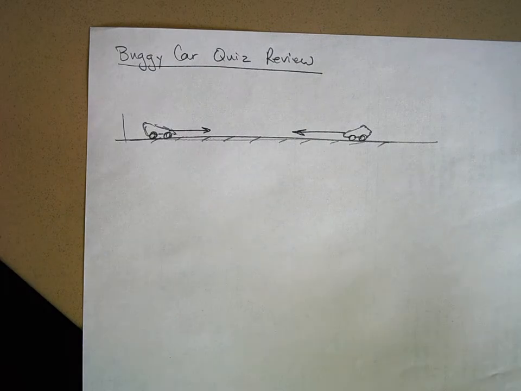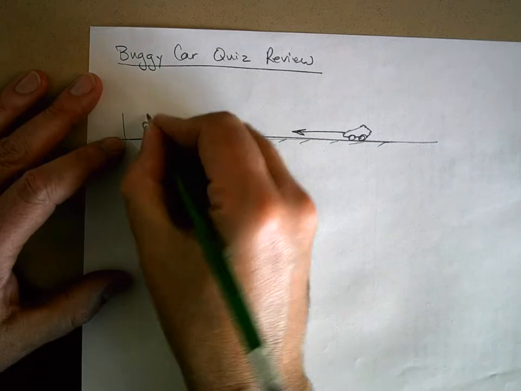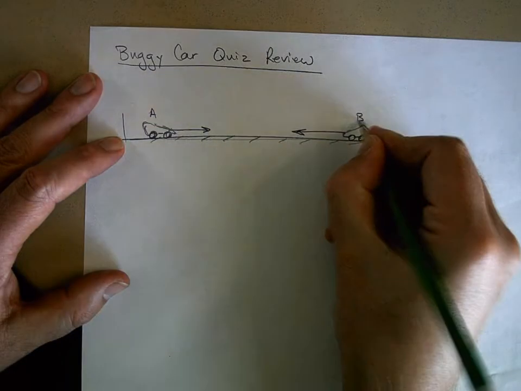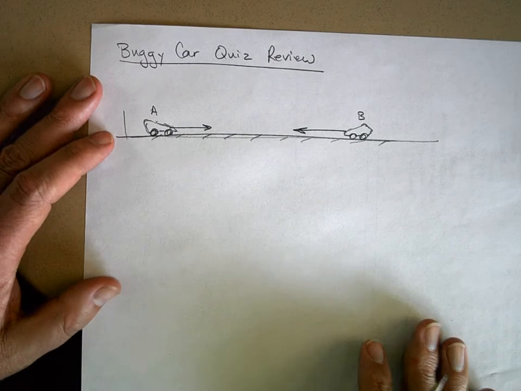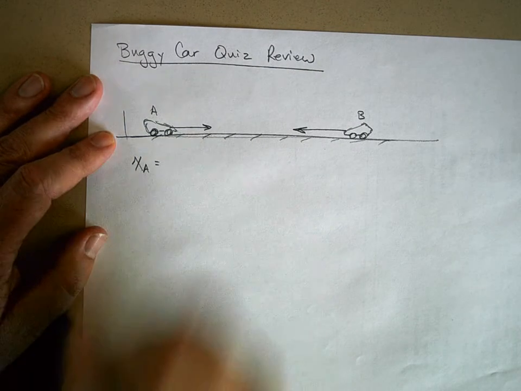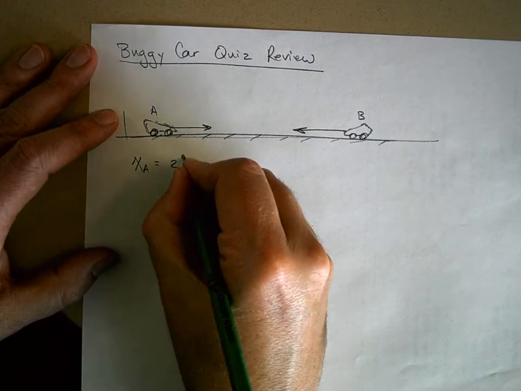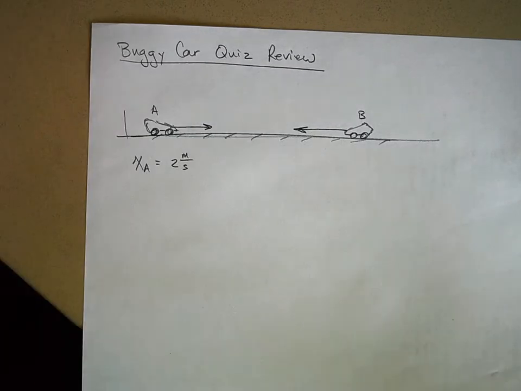now what you're going to be able to do is to create mathematical models for these cars. And I've just come up with this example. I'm going to call this car A and this car B. And so let's say that car A has a velocity of 2 meters per second. So pretty fast. I've just picked numbers that are easy to do the arithmetic for.